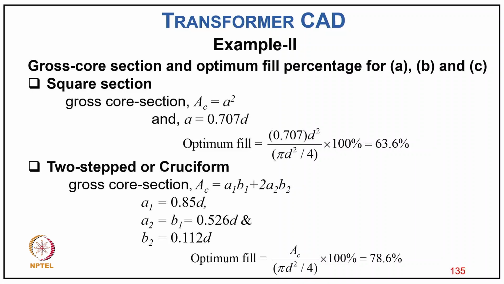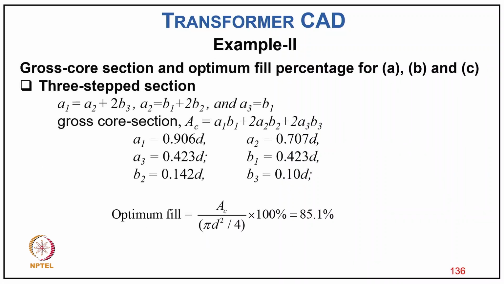So now you can see going from square to 2-step, we are able to use from 63.6 to 78.6% of the space. Now for 3-step, A1 equal to A2 plus 2B1, and A2 equal to B1 plus 2B2, and A3 equal to B1, and the cross section is AC equal to A1 B1 plus A2 B2 plus 2 A3 B3.